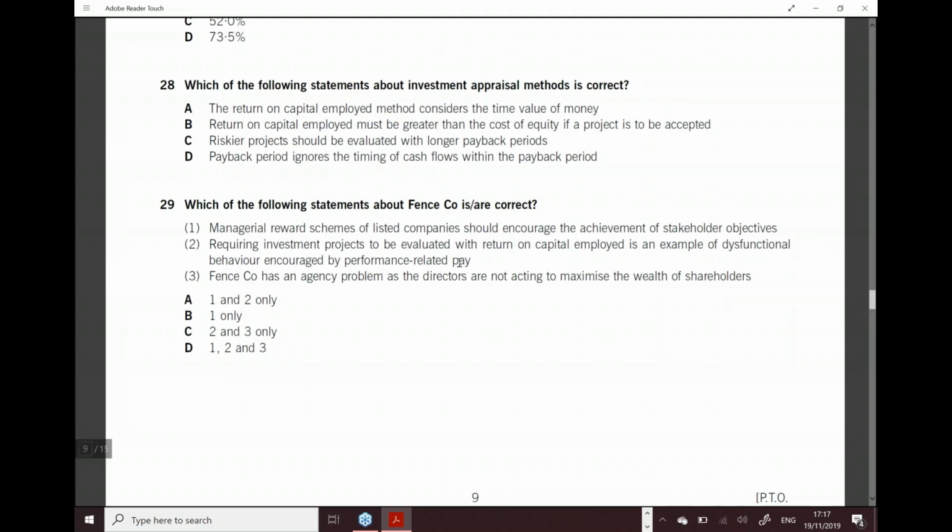Yes, it is, because if you're trying to evaluate a project based on return on capital employed, a manager may be forced to reduce the investment, because reducing the average investment could actually increase your ROCE, but in the long term you're going to have problems. The French company has an agency problem as the directors are not maximizing the wealth of shareholders. Yes, so I would say it's answer 2 and 3, which is C.